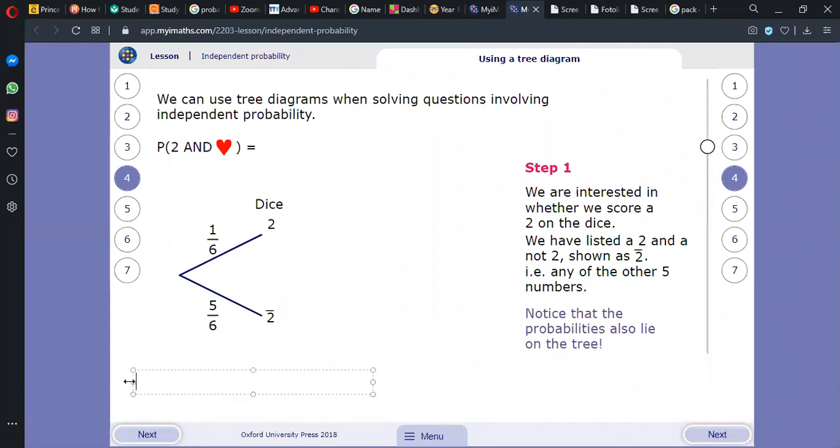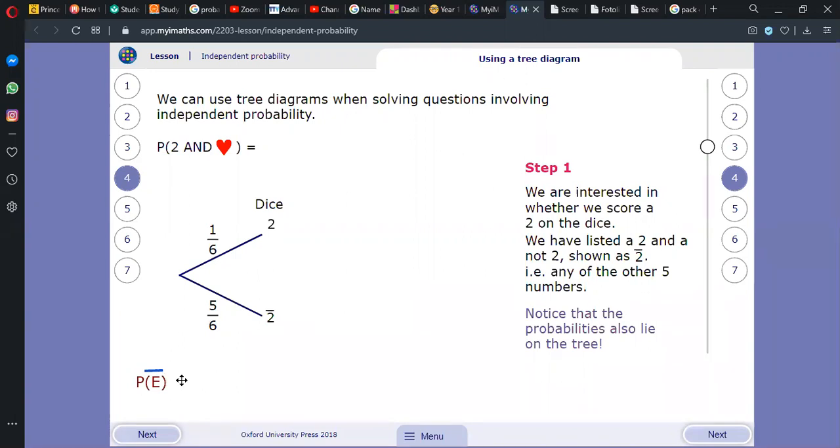Let me just remind you that the probability of an event not happening, we talked about that in the last class, if you put a bar on top like that, the bar shows that it's not happening.